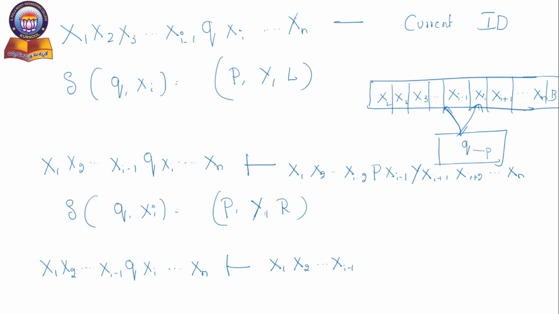Xi is changed to y. So we will write y here and the state has been changed to p. So we will write the state p and the symbol that has to be processed next will be xi plus 1. So xi plus 1 and the remaining symbols of the string will be kept as they are. So this is the resulting ID.